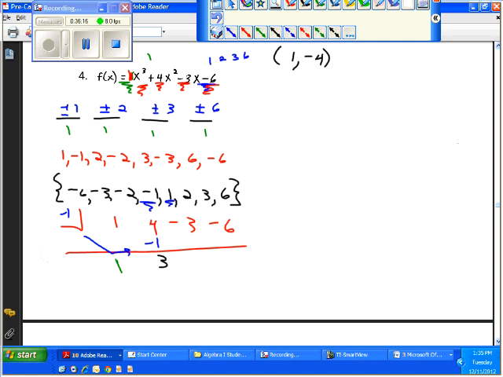We're going to add and get a 3. We're going to multiply negative 1 times 3 and get a negative 3. We're going to add and get a negative 6. We're going to multiply negative 1 times negative 6 and get a positive 6. We're going to add and get a 0. And since we got a remainder of 0, we know that the negative 1 is a root.